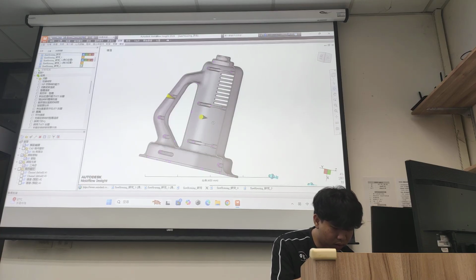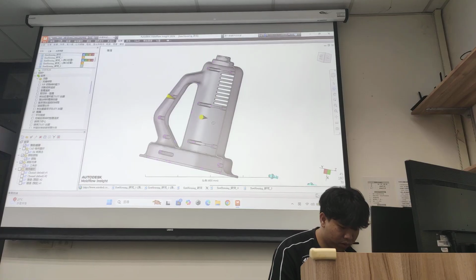We will need to ensure proper venting is machined into the mold at this specific location, particularly along the parting line and deep ribs.